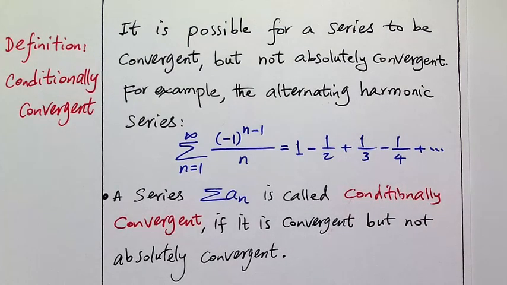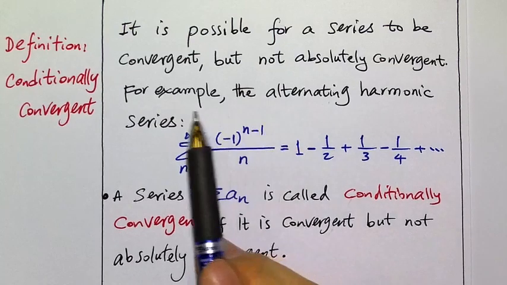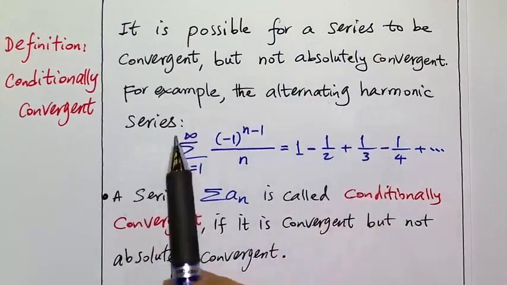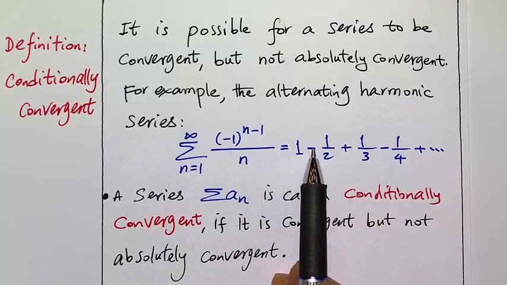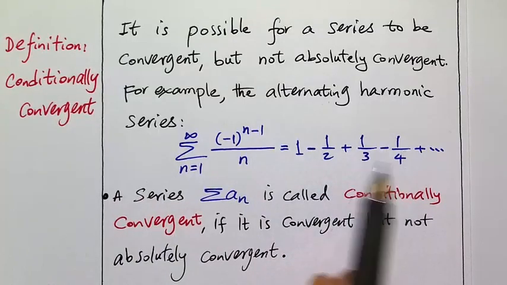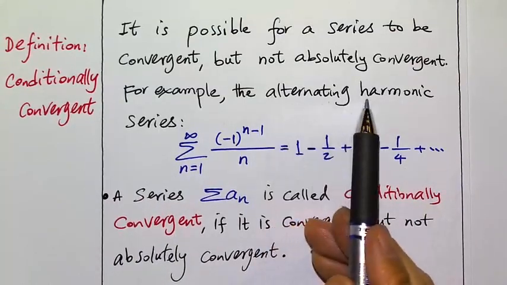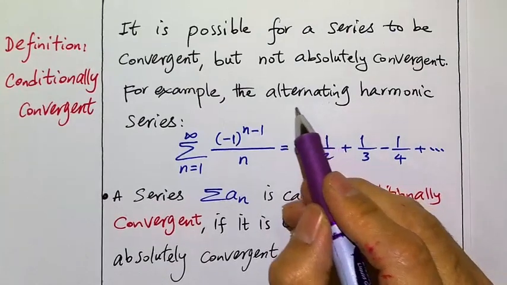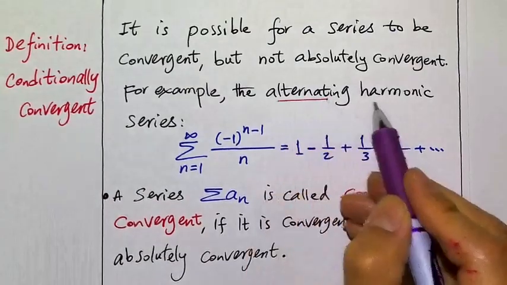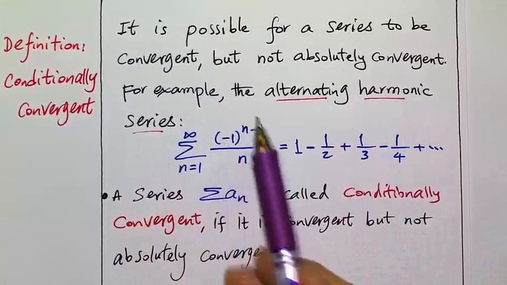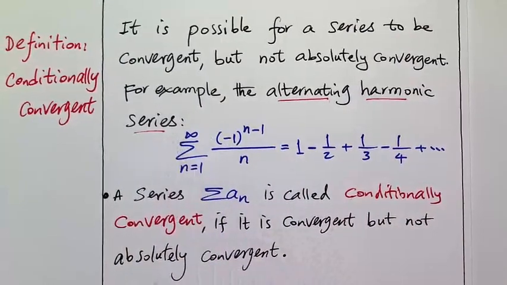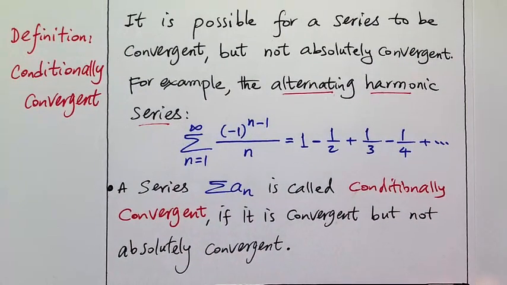The harmonic series with all the terms positive diverges, but the alternating harmonic series, the one that has positive, negative terms, converges. So the alternating harmonic series is a good example of a conditionally convergent series.